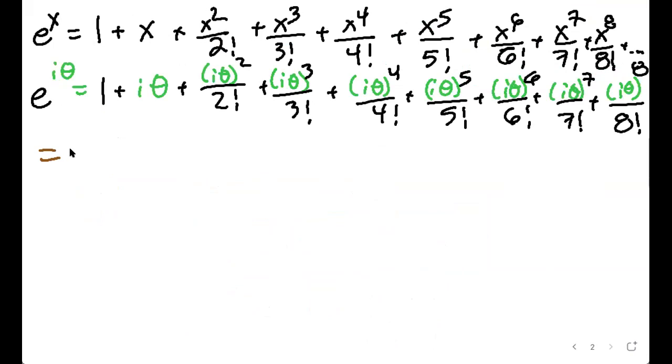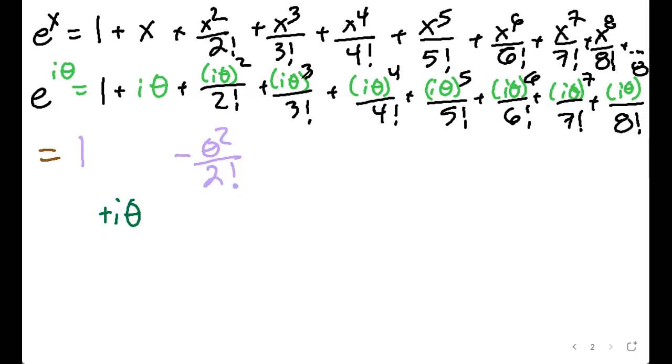So 1, and then the next one, plus i theta. I'm going to write that separately down here. i squared will be -1, so this will be -1 times theta squared all over 2 factorial.